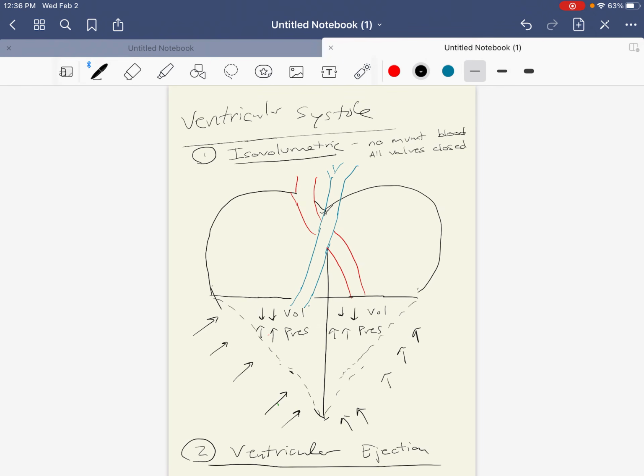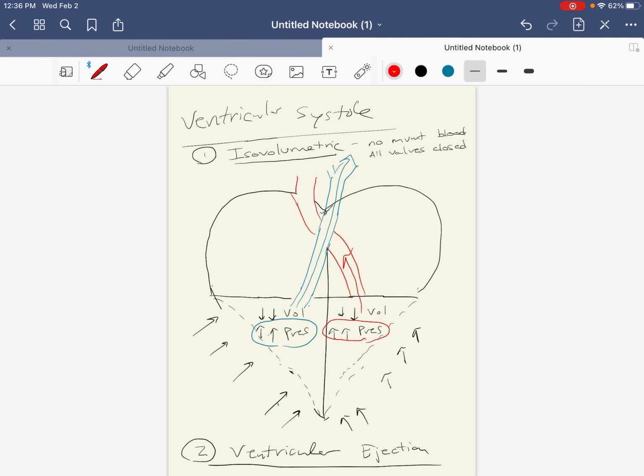So now we have a pressure gradient. Blood will move from higher pressure in the right ventricle to lower pressure in the pulmonary trunk. In the left ventricle, blood will move from higher pressure in the left ventricle to lower pressure in the aorta. We're ejecting the blood from the ventricles.